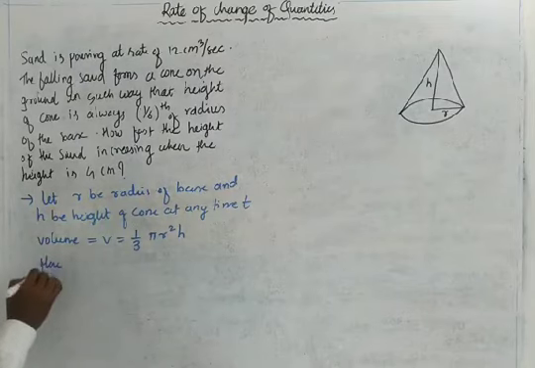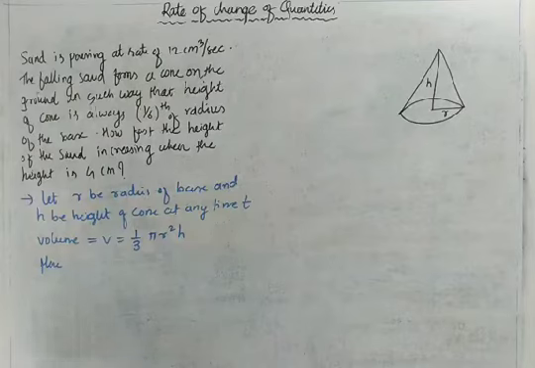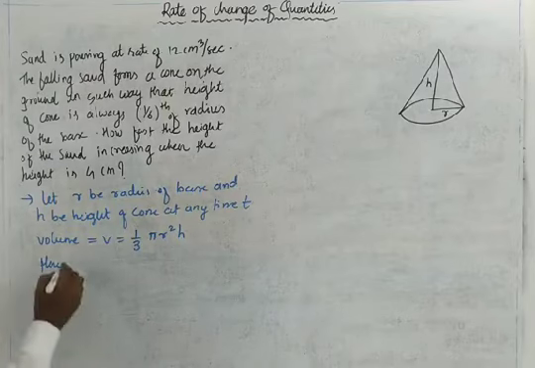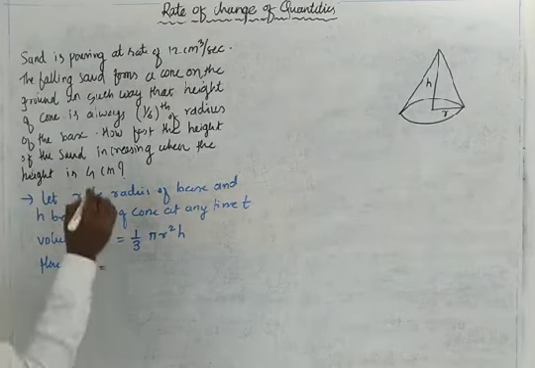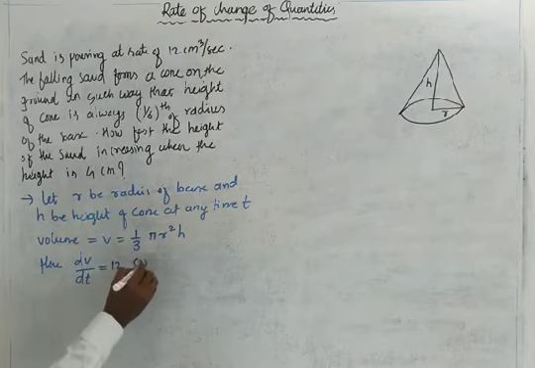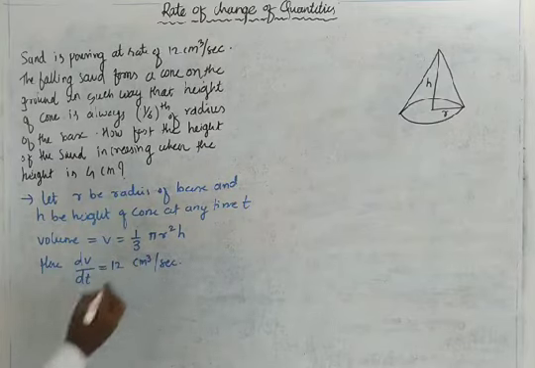Now here the sand pouring at the rate of 12 centimeter cube per second is given. It means the change in volume is provided. So the change in volume can be written as dV by dt, and it is given as 12 centimeter cube per second.